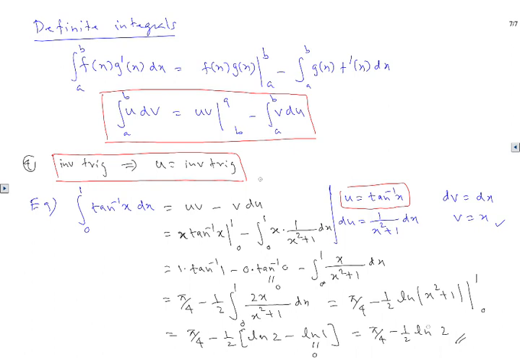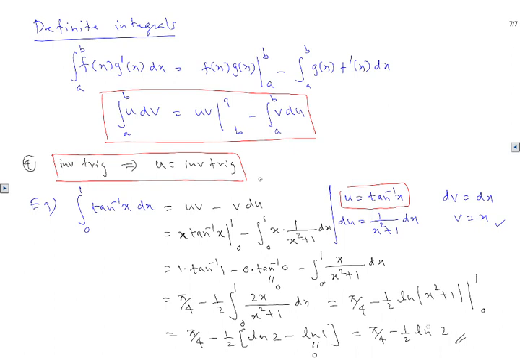So what do you want to remember? When you have definite integrals, you treat them the same way as the indefinite integral, but after you finish the integral, you substitute the values for the uv. For the other one, you simply complete the integral.